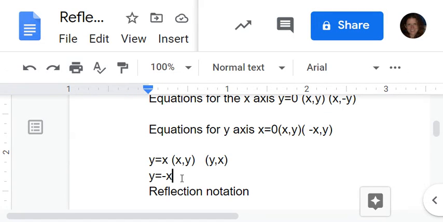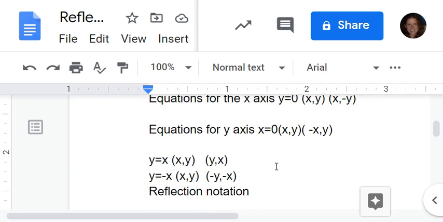And then if we reflect across y equals negative x, instead of x comma y, it moves to negative y, negative x. It doesn't really mean negative, it means opposite. So those are my different reflection formulas.